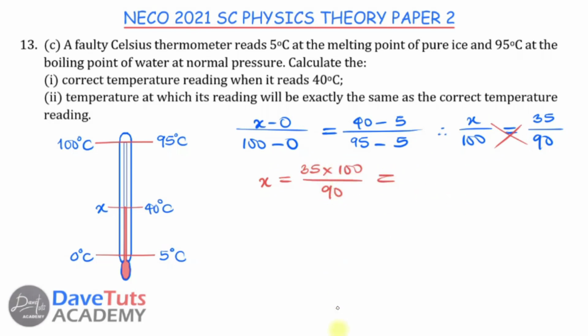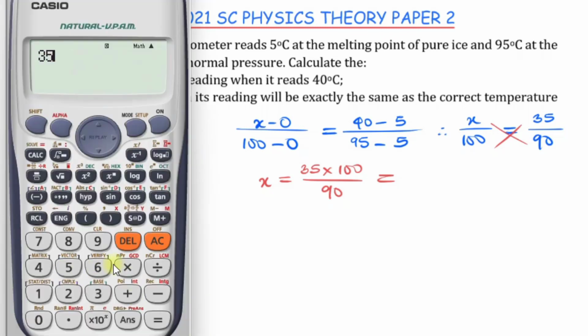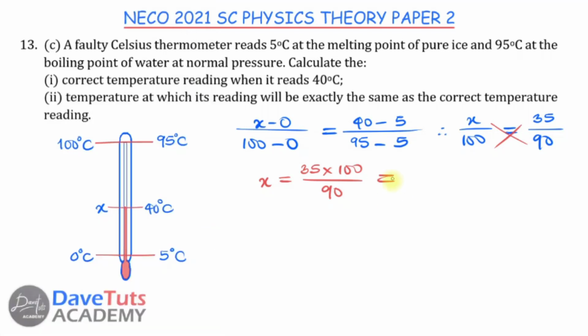If I bring in my calculator for that, 35 times 100 divided by 90, this is 38.8 with a bar, which means it is a repeated value. So we have 38.89 degrees Celsius as the value of X, which is the reading when the thermometer is reading 40 degrees Celsius. So that is the very first thing we're asked to find.